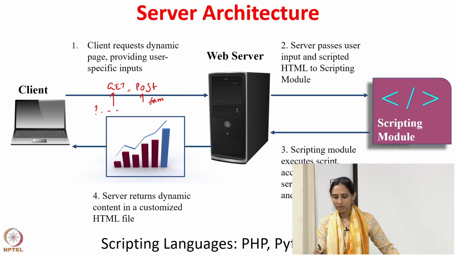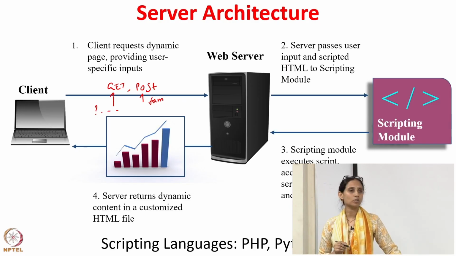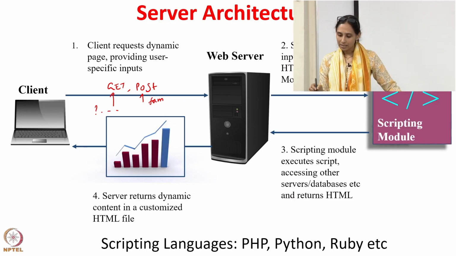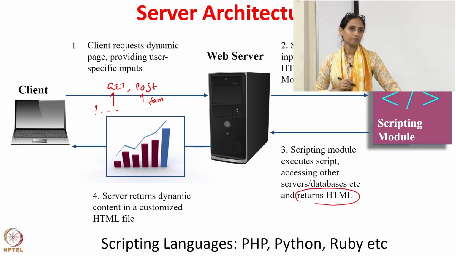And what the server does is it takes this user input and passes it to some scripting module. Again, we will see examples of this shortly. This scripting module may access other scripts, it may access databases, whatever it is. Finally, it is going to generate an HTML document.